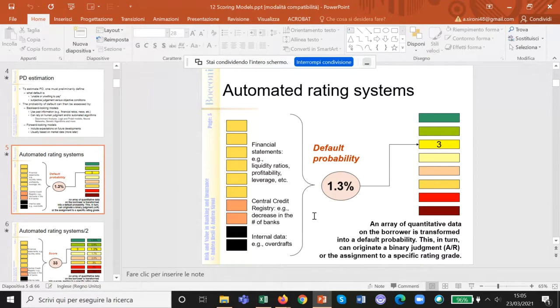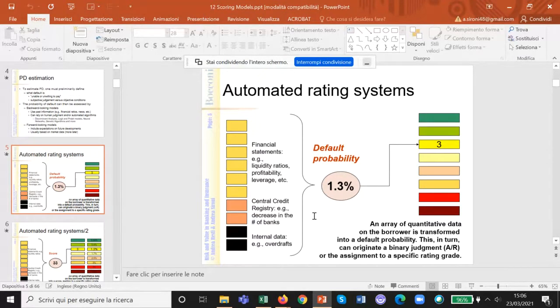You can use information coming from Central Credit Registries that are available in some countries like in Italy, in France, and so on, where basically banks convey their information about borrowers, and therefore an individual bank can find data and information from more banks in these databases.